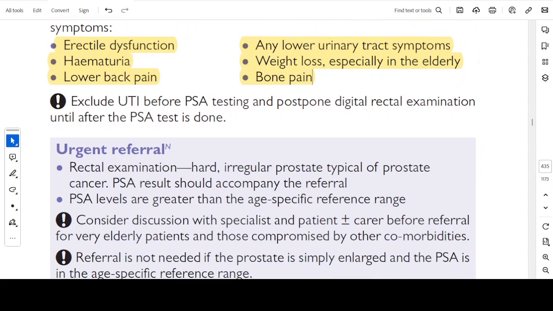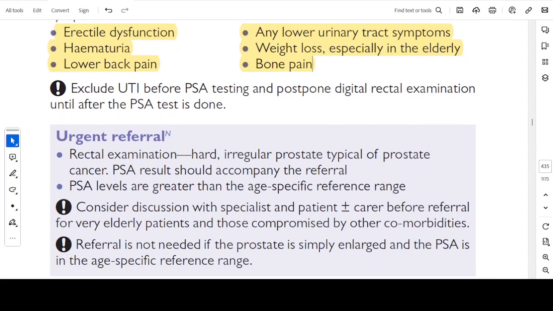Exclude UTI before PSA testing and postpone digital rectal examination until after the PSA test is done.